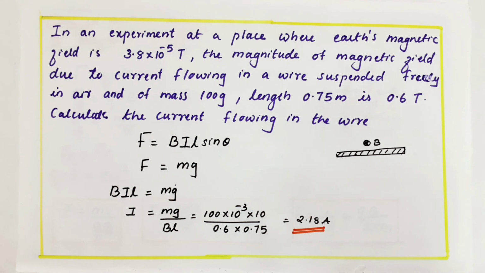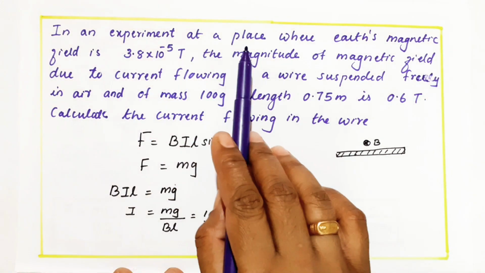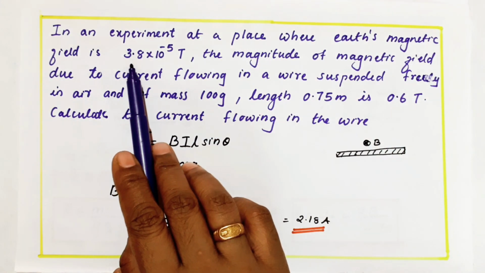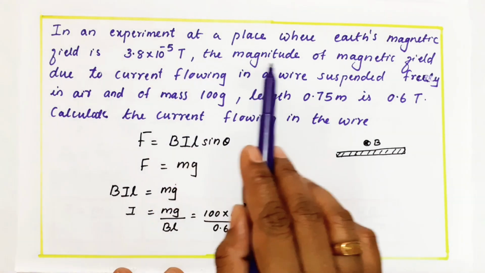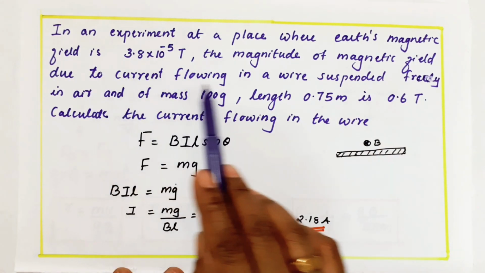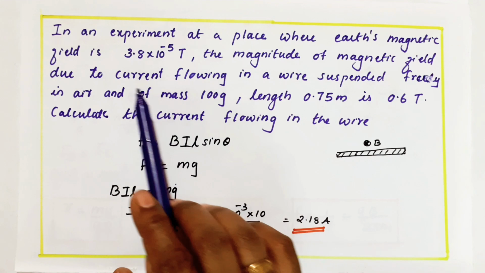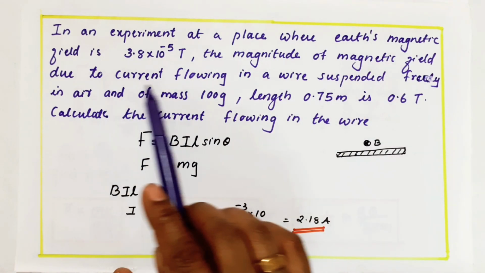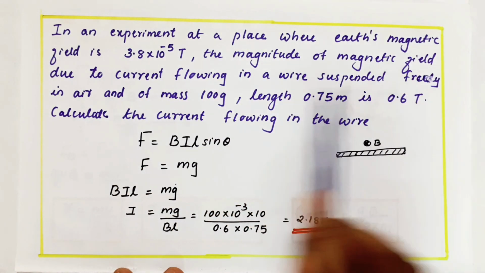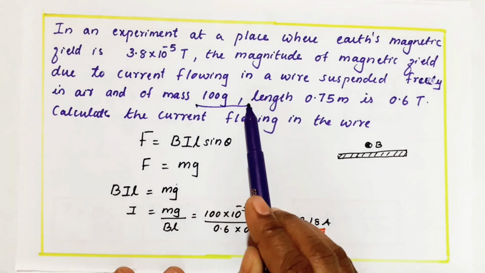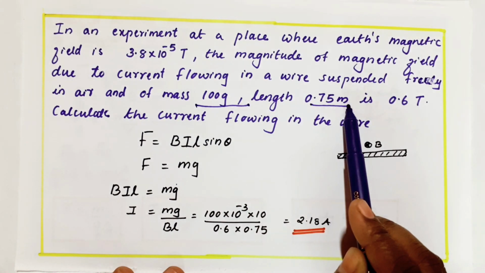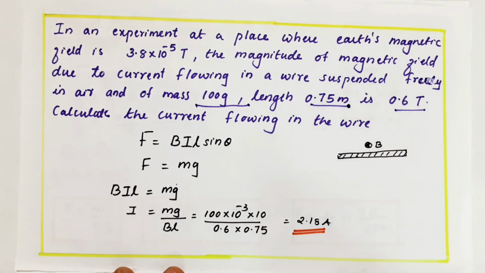I need to discuss a question. In an experiment at a place where Earth's magnetic field is 3.8 into 10 power minus 5 Tesla, the magnitude of magnetic field due to a current flowing in a wire suspended freely in air, of mass 100 gram and length 0.75 meter, is 0.6 Tesla.